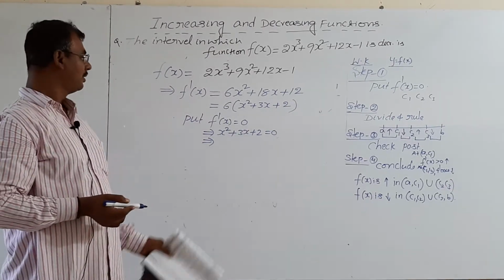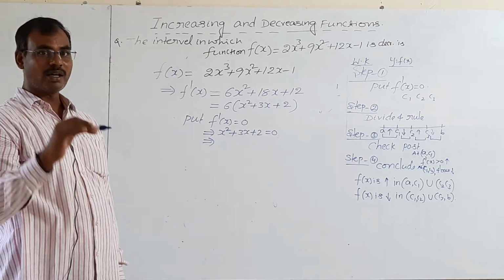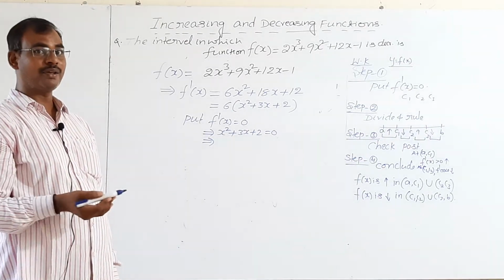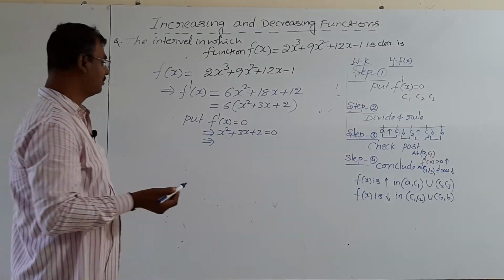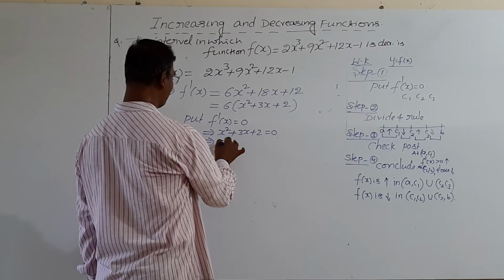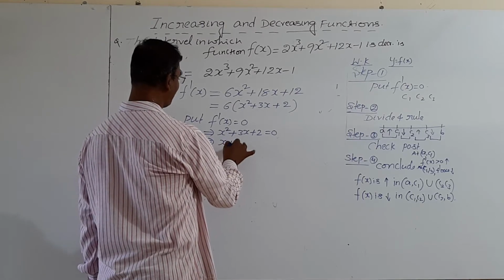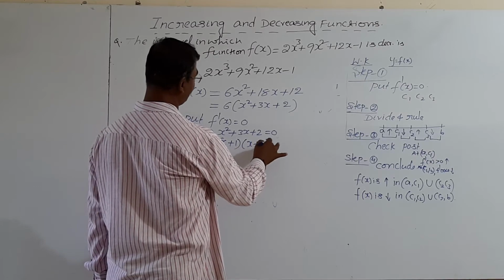It is called a quadratic equation. Can you find the roots using the splitting method? Apply here plus 2 plus 1. So x plus 1 into x plus 2 is equal to 0.